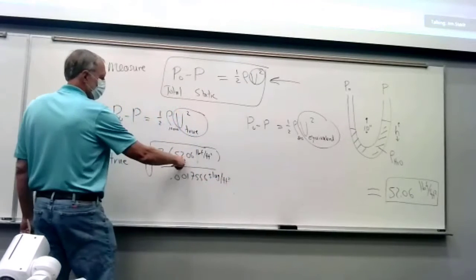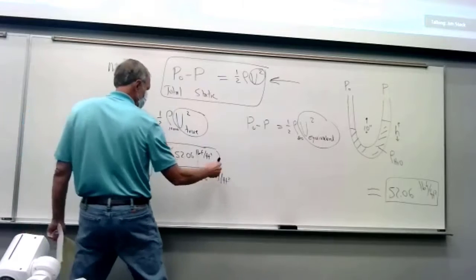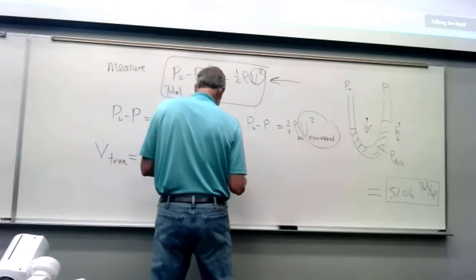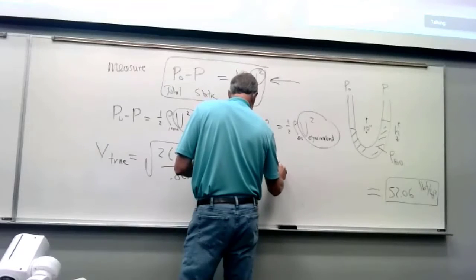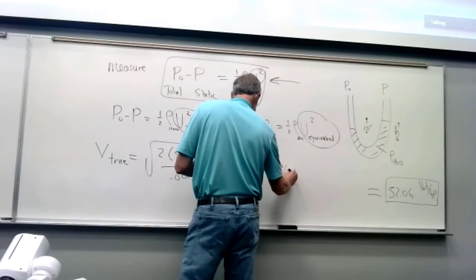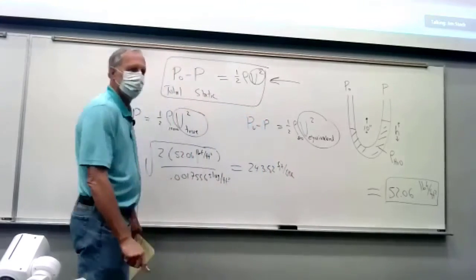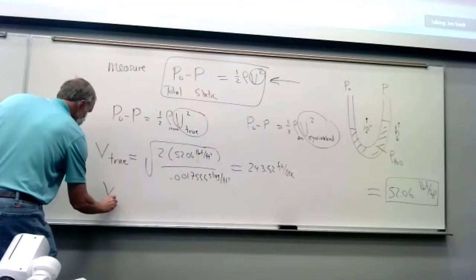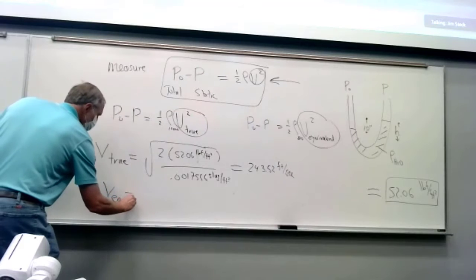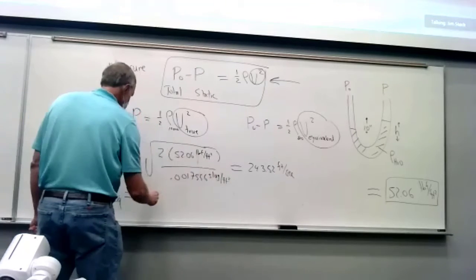So there's the pressure we calculated. There's the density at the altitude. And so we get 243.52 feet per second. And then if we do V equivalent, the only difference is the density that's used in here.